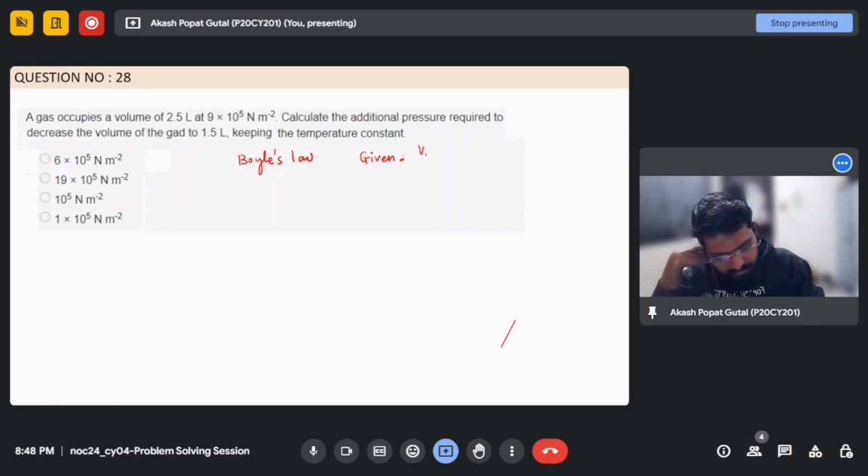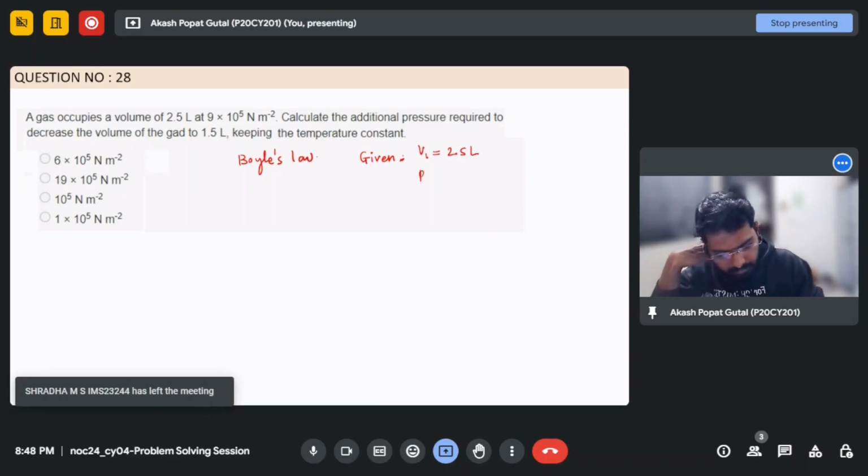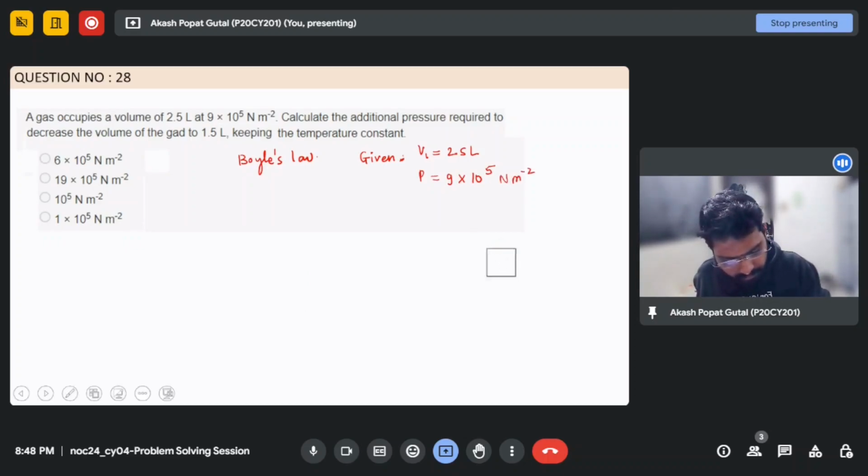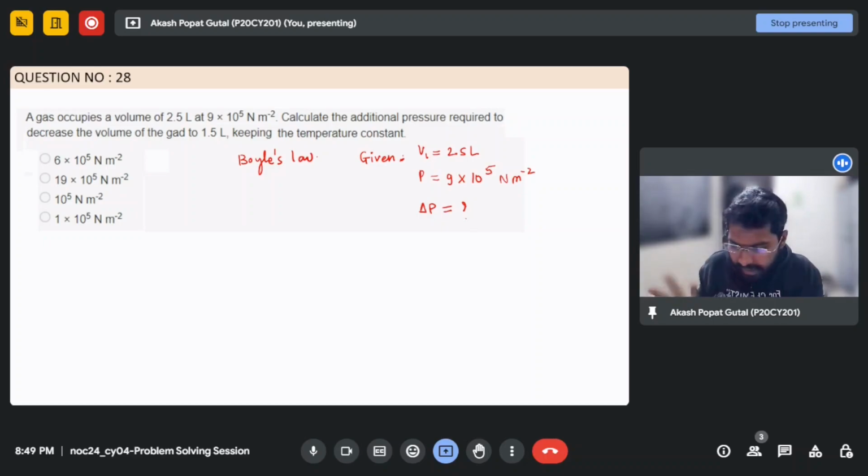V1 is equal to 2.5 liter, P1 is equal to 9 into 10 raised to 5 Newton per meter square, and we want delta P, the additional pressure required, not just the change. And V2 is equal to 1.5 liter.